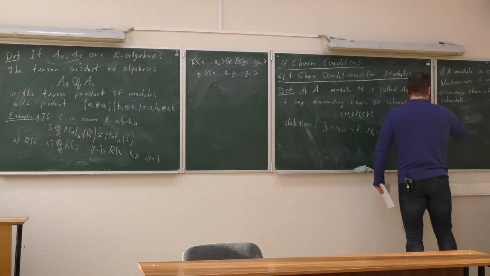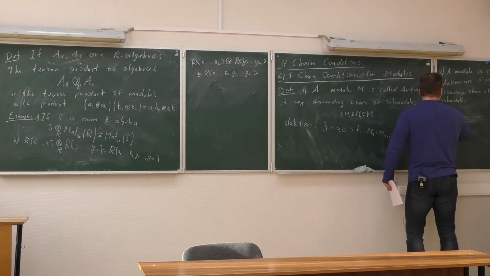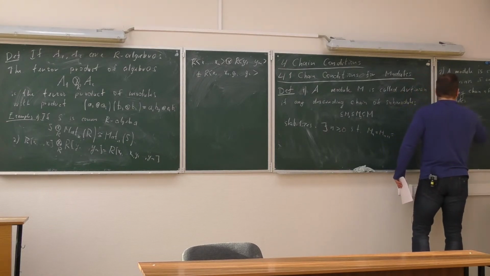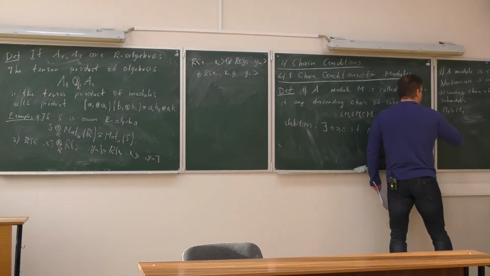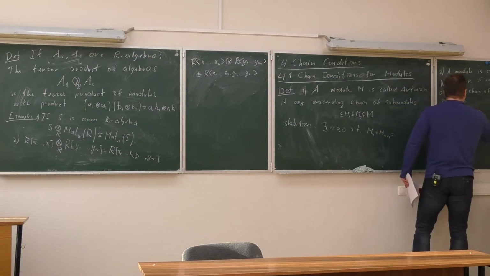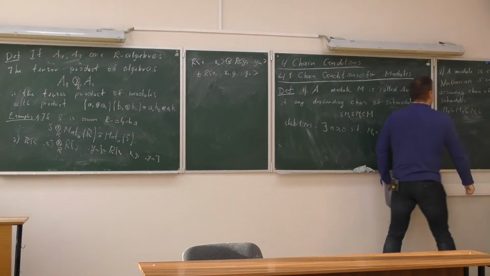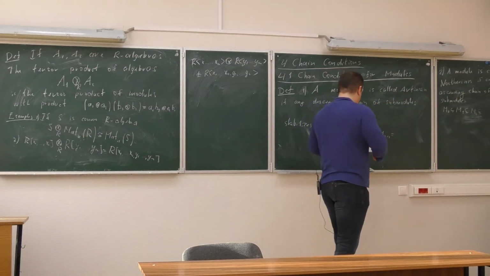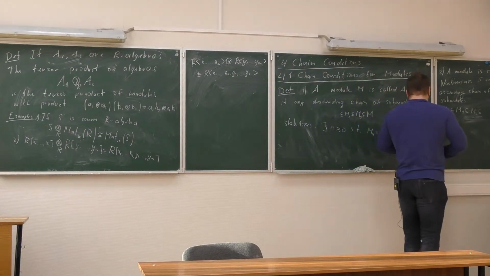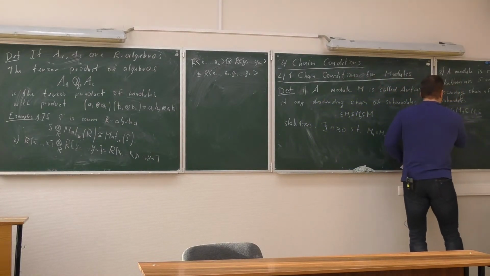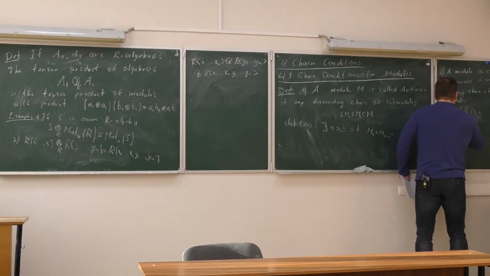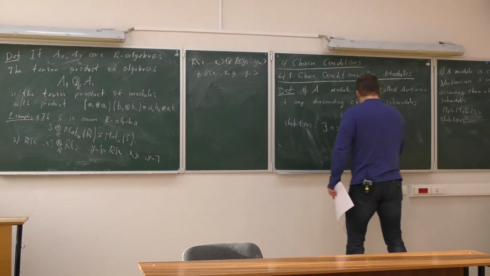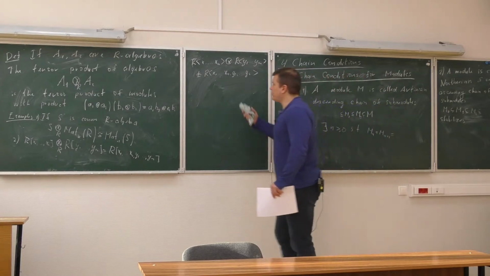So in this case, it means that you have a module, say M0, then you can find the module M1 containing this M0, then a module M2 containing M1, etc. Any ascending chain of submodules again stabilizes, in the same sense, that there is a number such that starting with this number, all the modules are the same.